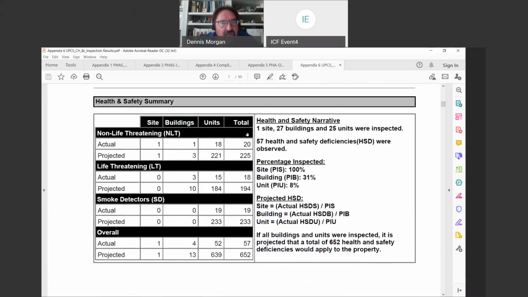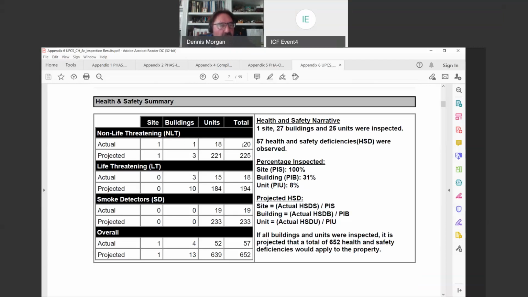The next area that you see is the health and safety report. So it's saying that out of the property, I had a non-life threatening, or NLT, one on my building, and I had 18 within my dwelling units, and I had one on my site, which gives me a total of 20 defects for non-life-threatening alone.